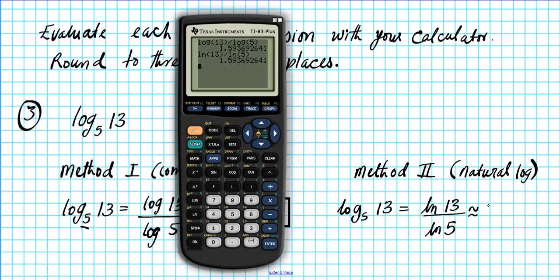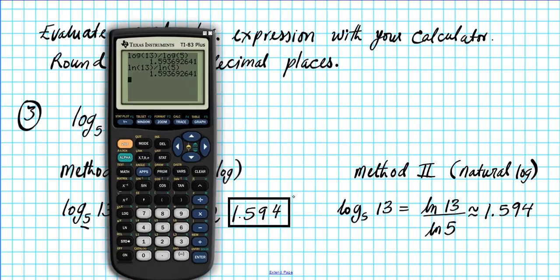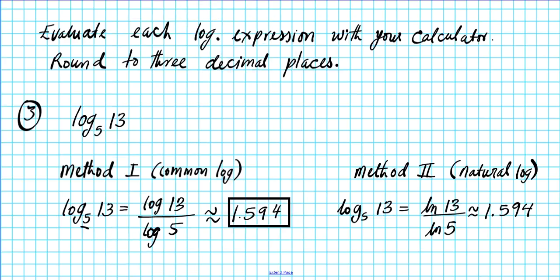Personally, I like to use natural logarithm because it looks cool. But if you prefer using common log, there's nothing wrong with that. You will end up with the same answer too. So those are just 2 different ways of finding the value of logarithmic expressions that are not common or that do not have a base of e.